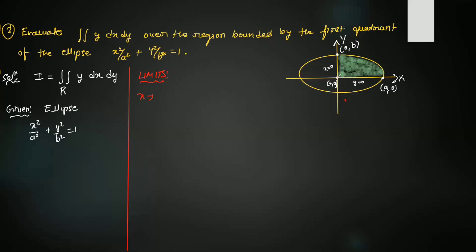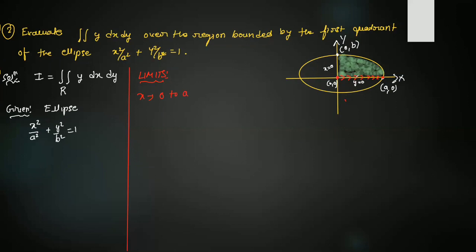From where does it start? There is no region to the left of 0, so it starts with 0 and goes on till A. So x varies from 0 to A.